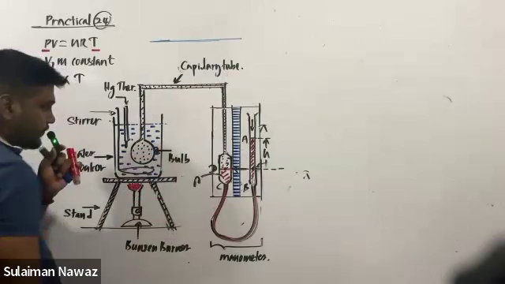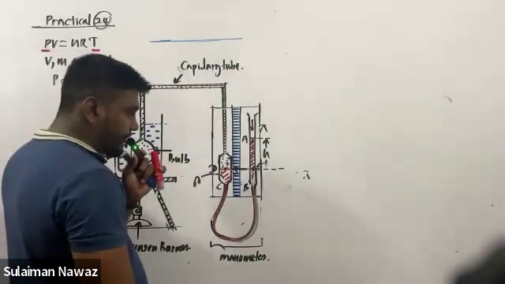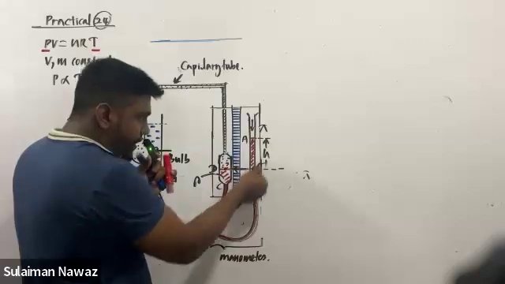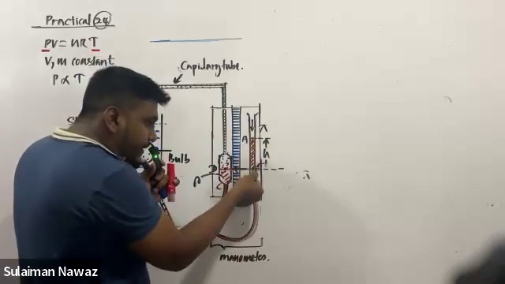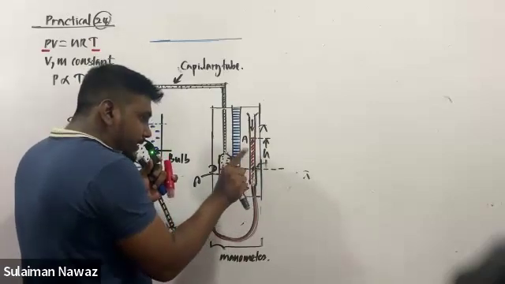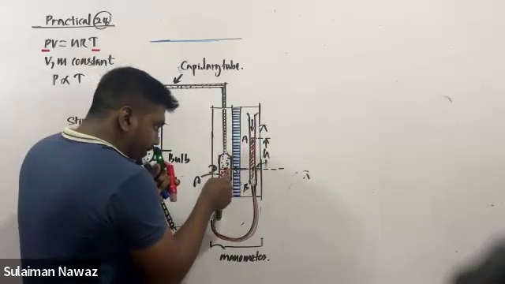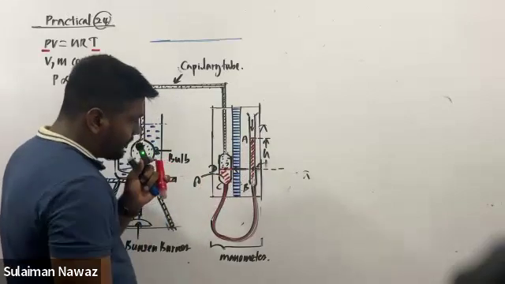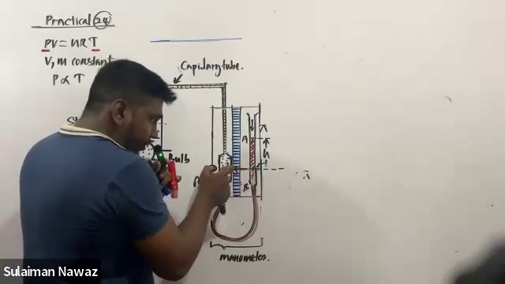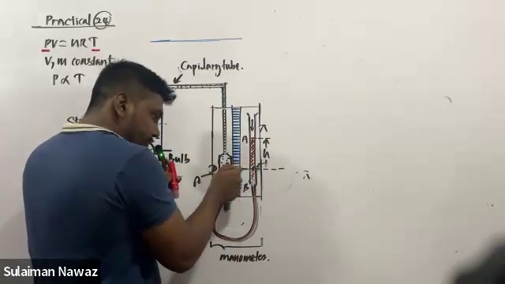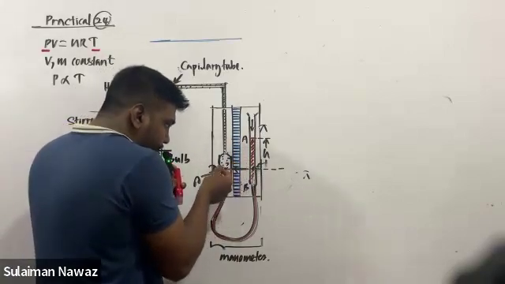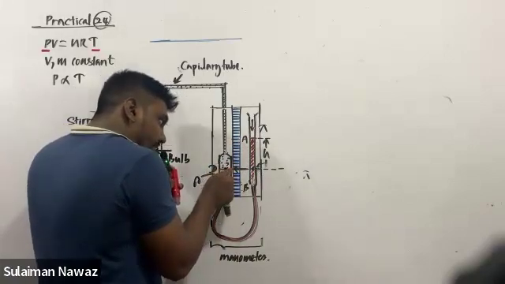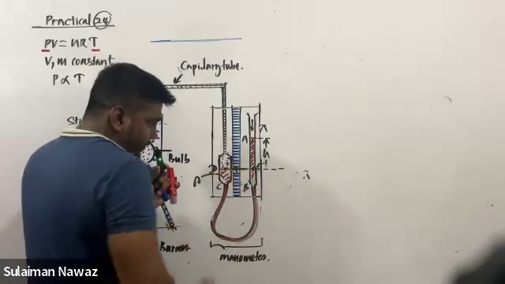Below this common interface, there is mercury until here, then again air. So you want to arrange tube AB, this tube, so that the mercury meniscus in CD touches the index tip. There is an index tip here. You want to always make your mercury meniscus in the CD tube touch the index tip.